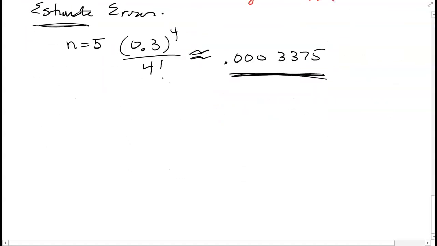So let's do one more example. Let's estimate ln of 1.04 using just 3 terms, n equals 3.